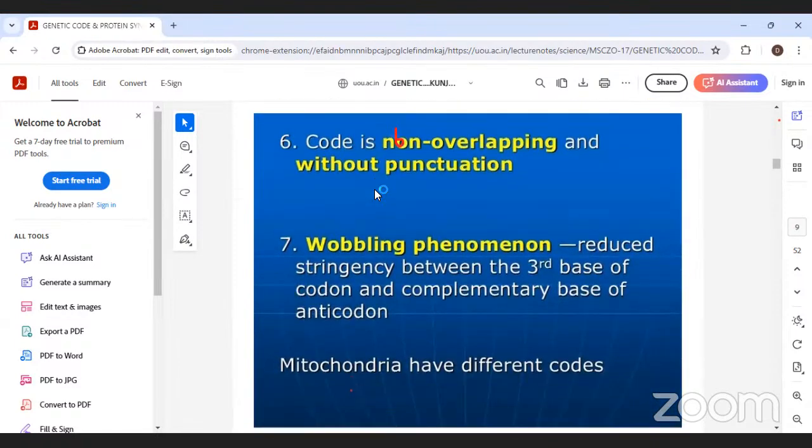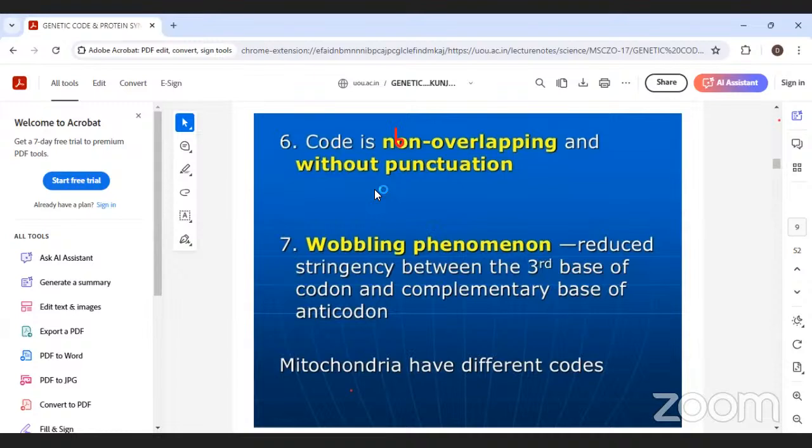What does it mean that the codon is non-overlapping? Without punctuation, meaning no comma or full stop, not like that. You can write it down like this. Now I will explain the wobble phenomenon. A study of triplets would show that the first and second base in the triplet are more important than the third in distinguishing the amino acid.